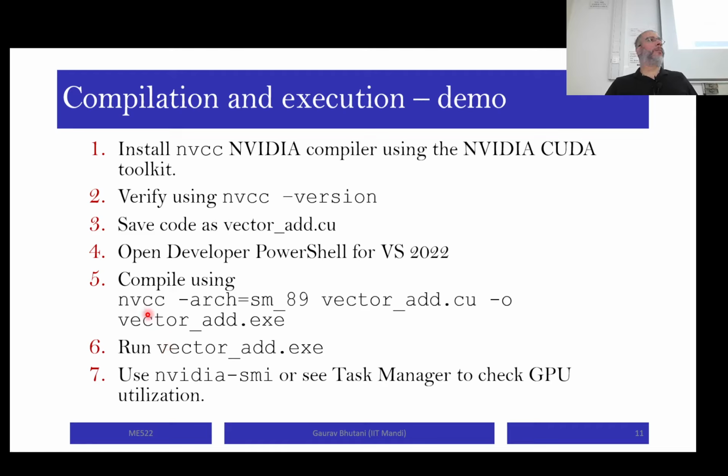Now what is the command for compilation? You have this nvcc command, then you specify the code name vector_add.cu, then you specify the output or the executable name, which is vector_add.exe. So very similar to the way we had run the gfortran command, except that you also specify this flag called -arch, which is architecture.